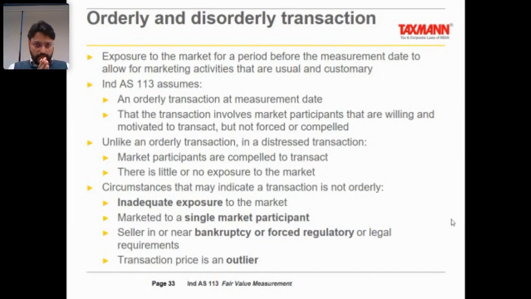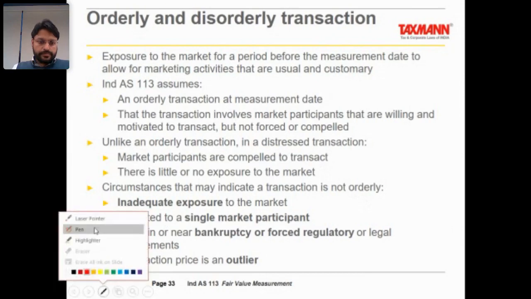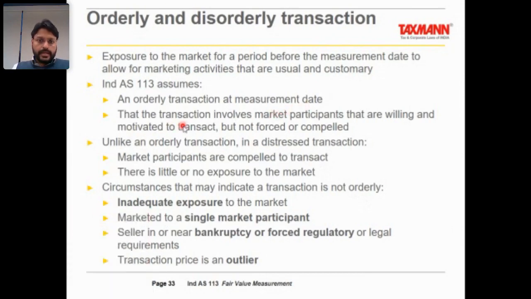Now Ind AS 113 assumes an orderly transaction at a measurement date, that the transaction involves market participants that are willing and motivated to transact but are not forced or compelled. So in a recent example, suppose there are lenders which are asking the company to pay the dues, and the company is selling its assets in a hurry just to make the payments to the lenders, then those transactions are considered as forced or compelled transactions.